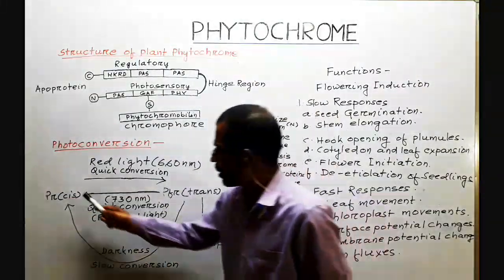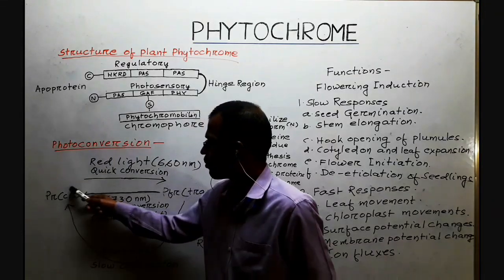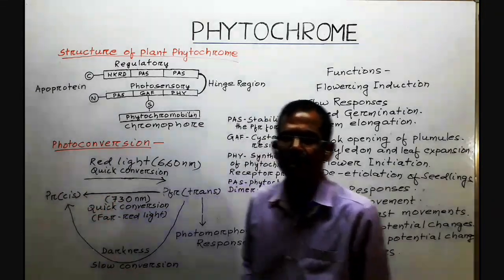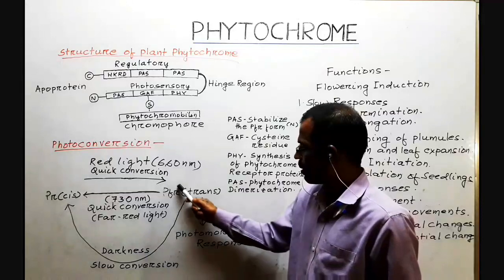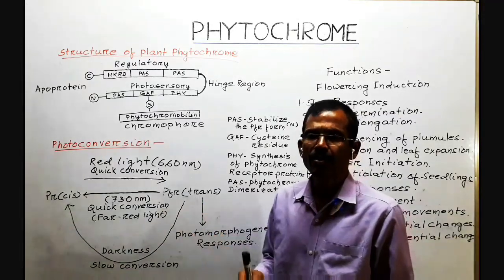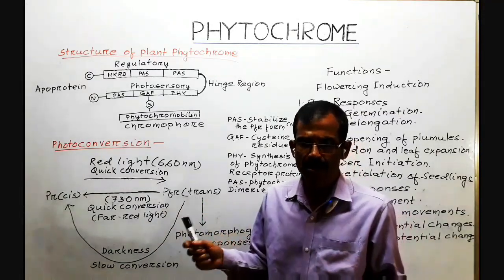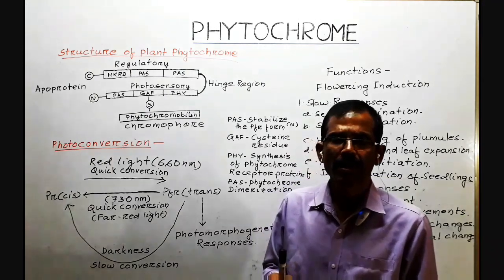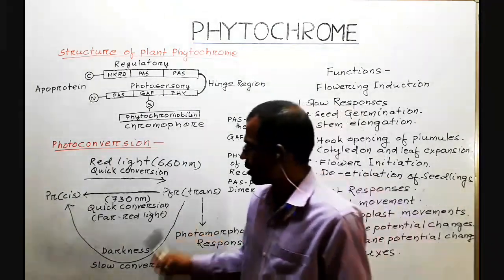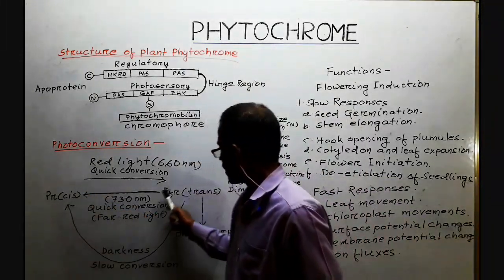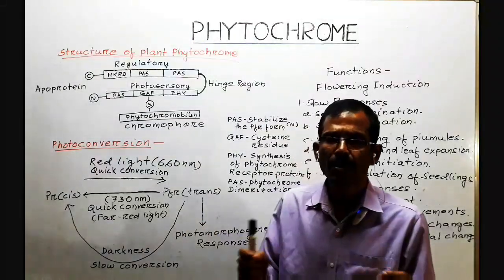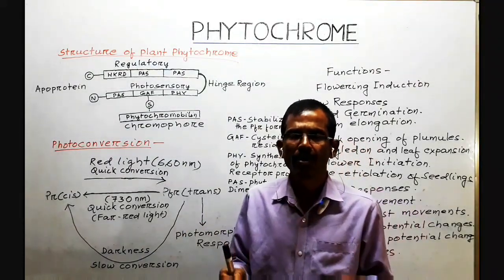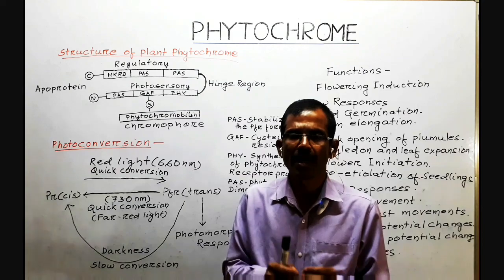In the Pr form, the bilin chromophore is in cis configuration, whereas in the Pfr form, the chromophore is in trans configuration. So during the interconversion between Pr form and Pfr form, the bilin chromophore undergoes cis-trans isomerization.